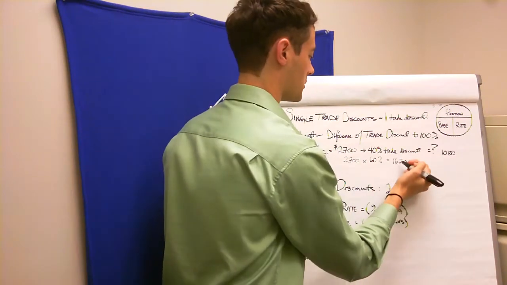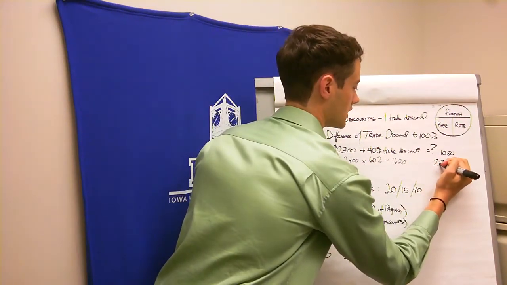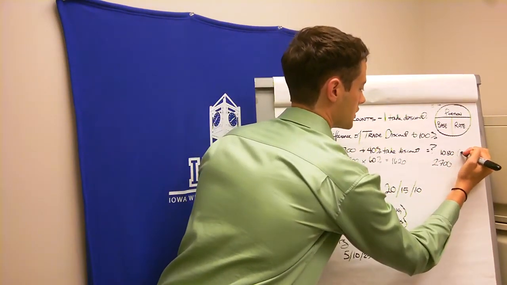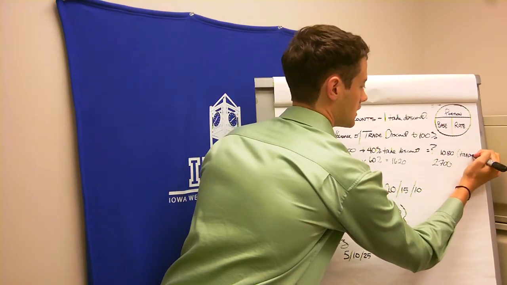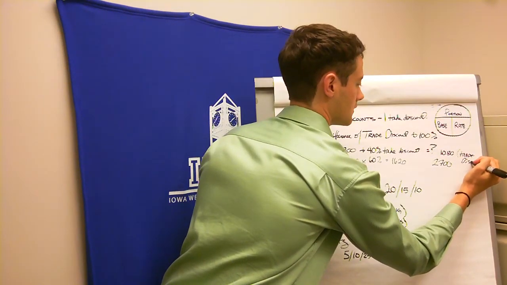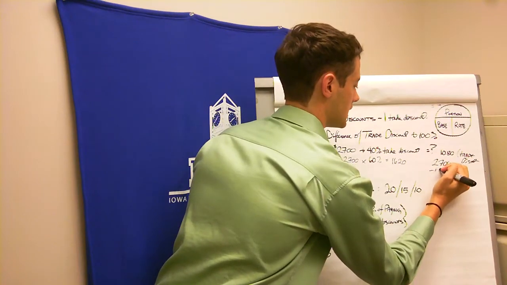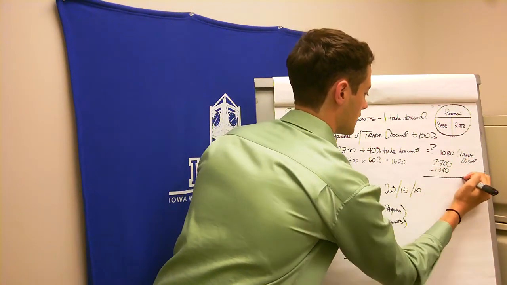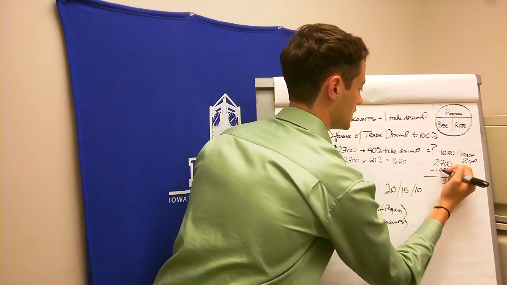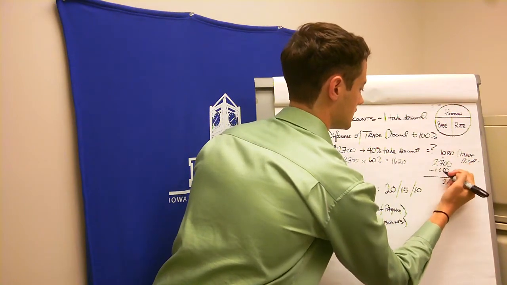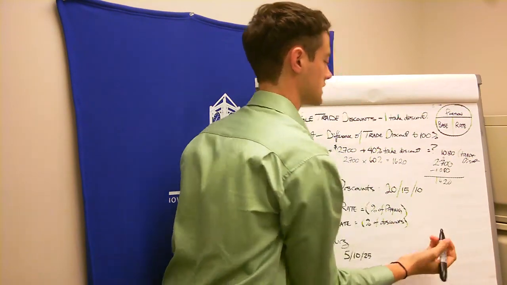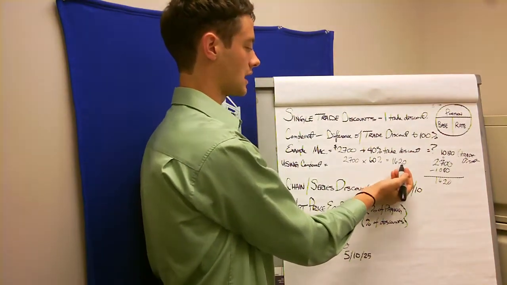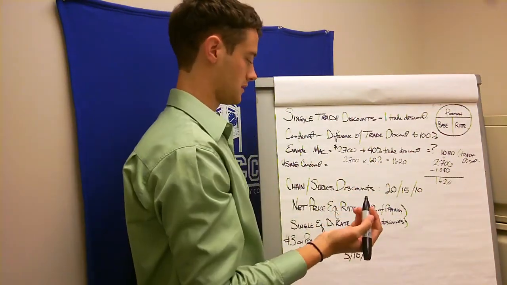So I could figure out how much I paid for the Mac by taking 2,700 minus our trade discount, minus that $1,080, and I get 1,620, which is the same thing as I got here, but just using the complement.